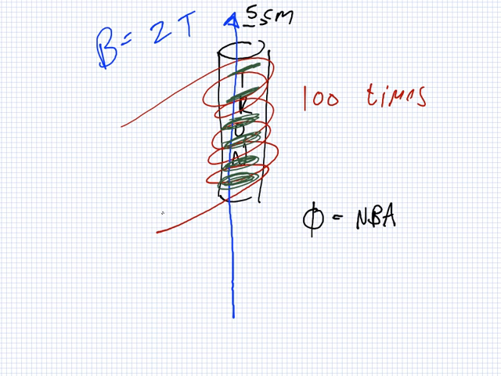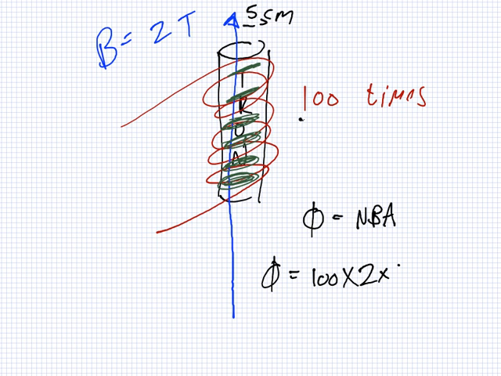So the total flux linkage is 100 times 2 Tesla times pi times 0.05 squared. Not 5 squared. Why is the r 0.05?